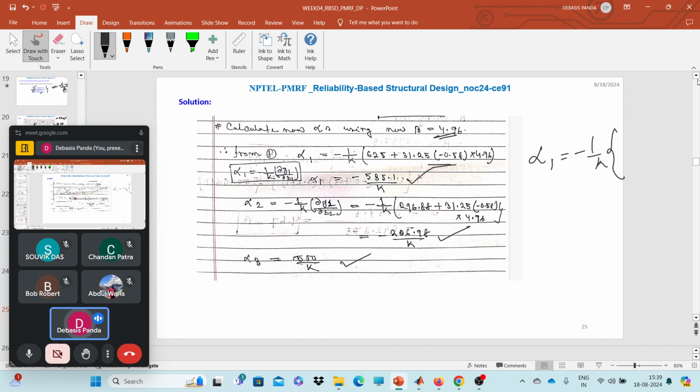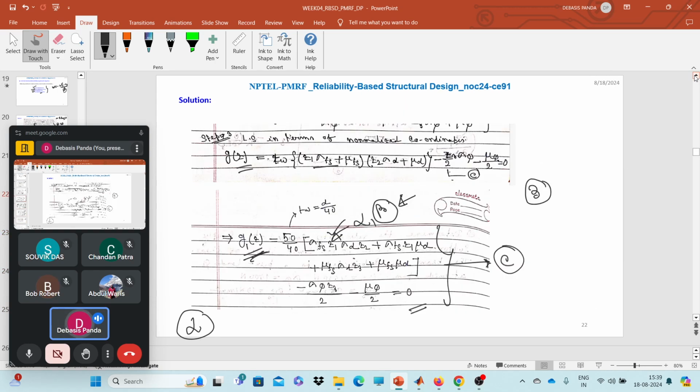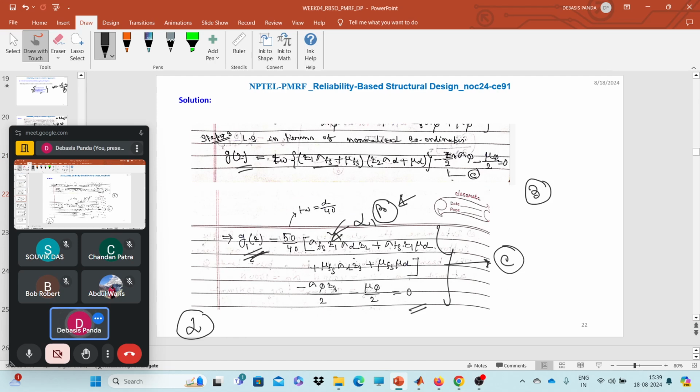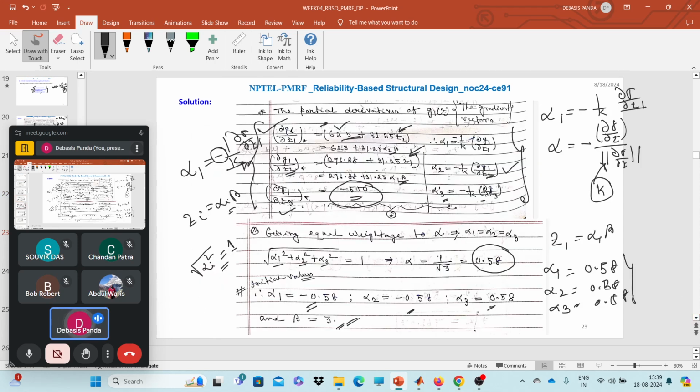First, what we have done, just quickly go through it again. First, we write down the limit state function in normal space. We convert it into standard normal space, that means in Z terms. So we have this equation. Once we have this equation, we have the derivatives of the limit state function with respect to Z. And we know one more thing, that at design point, Zi equals the direction cosine into beta.